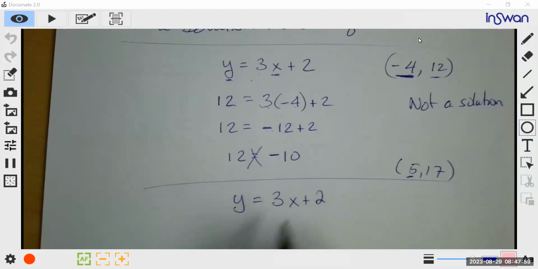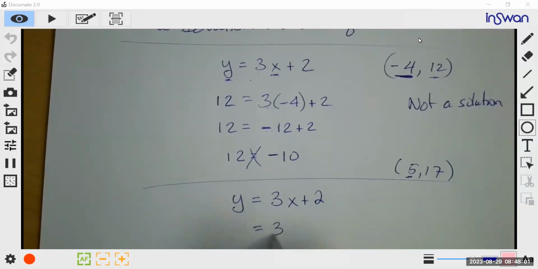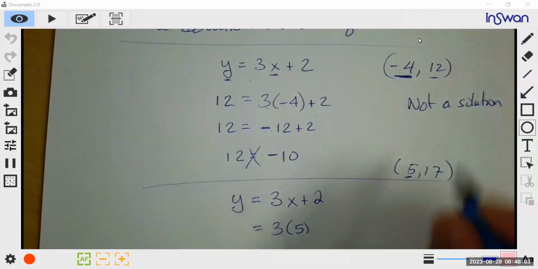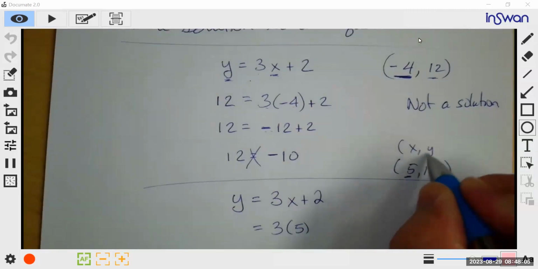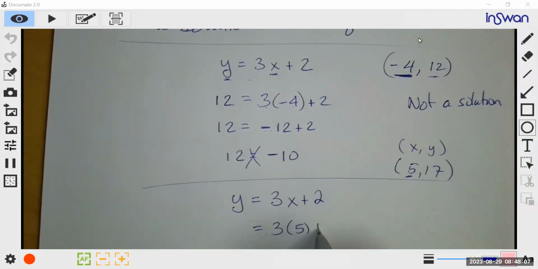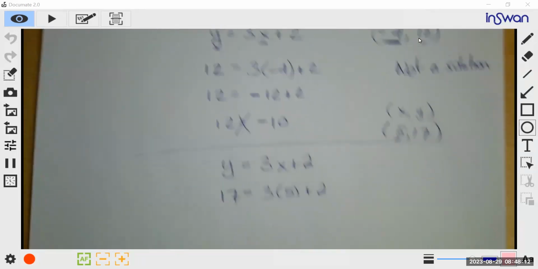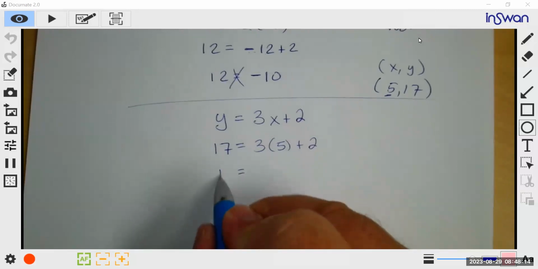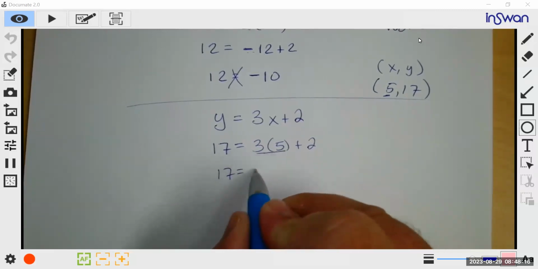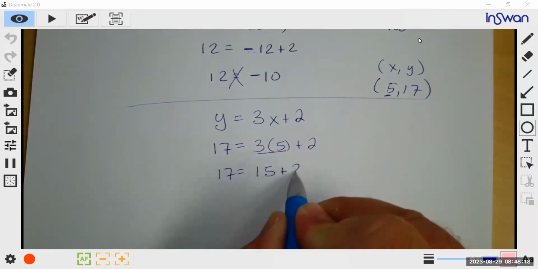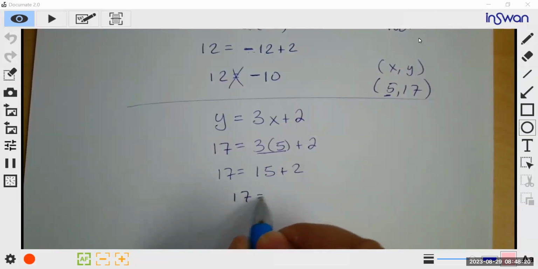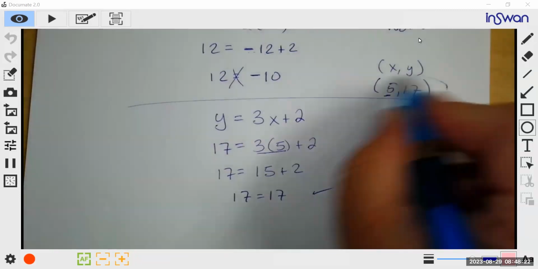So I've replaced the x with 5. Remember, this is an x and that's the y. And work it out. 3 times 5 is 15 plus 2. So that is a solution, right?